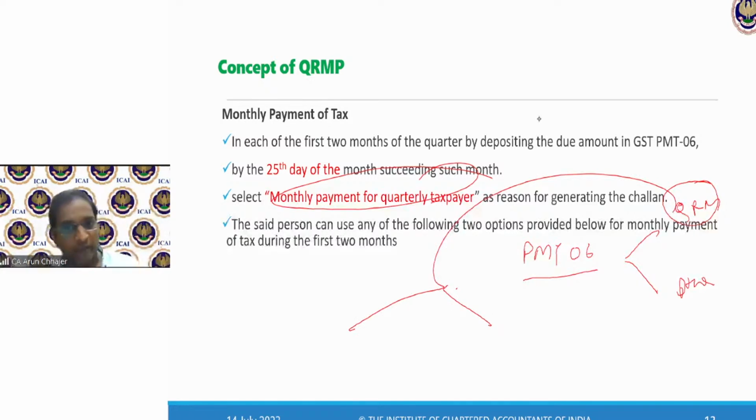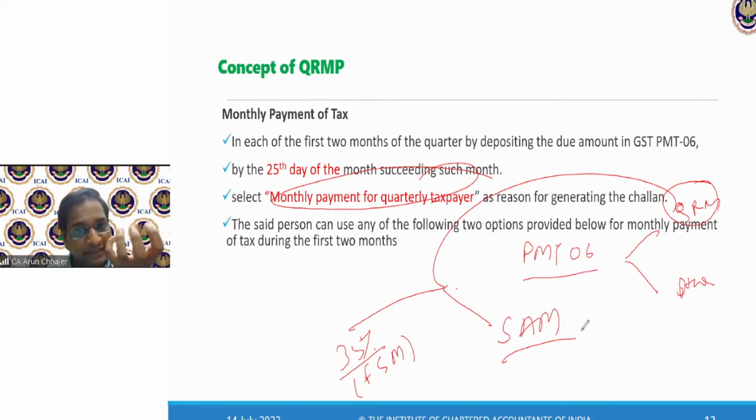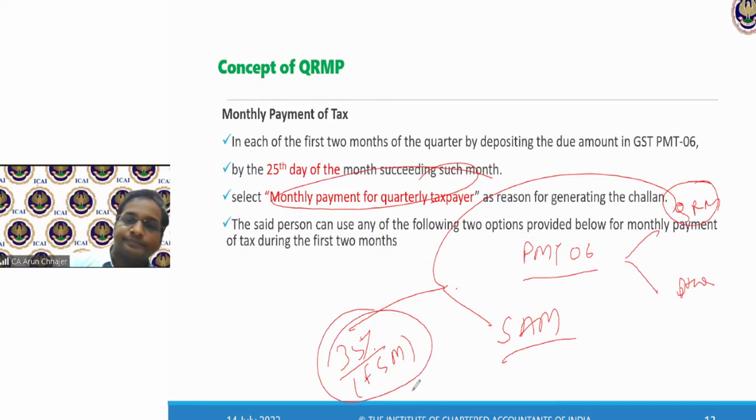One is called 35%, its name is fixed sum method, and the second is self-assessment method. What are these methods? This method tells you the quantum of taxes which you need to pay to the government. कितना टैक्स आपको गवर्नमेंट को पे करना है, ये चीज कौन बताएगा?